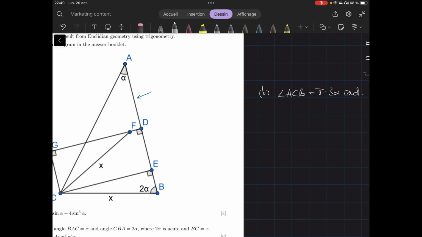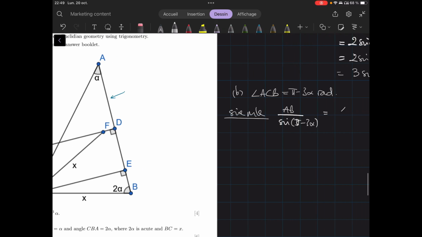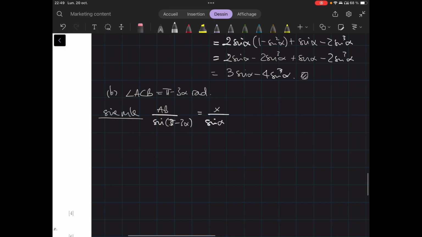So if we want to use the sine rule, we'll have AB divided by sine of pi minus 3 alpha is equal to BC divided by sine alpha. And therefore, AB is equal to x sine of pi minus 3 alpha divided by sine alpha.